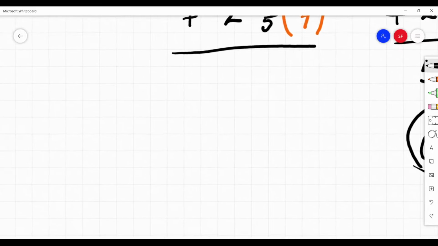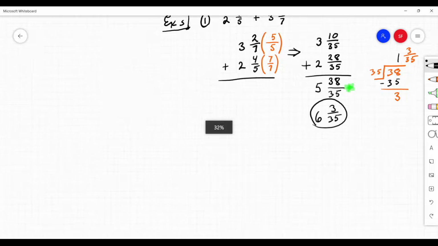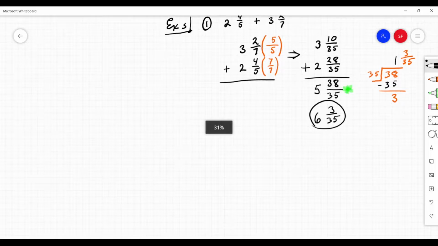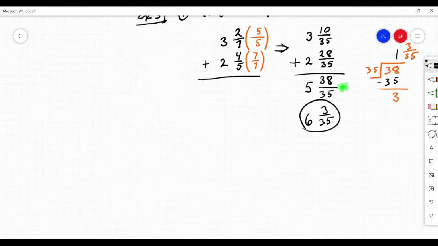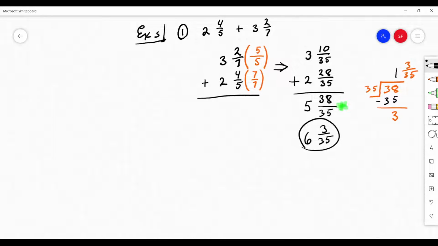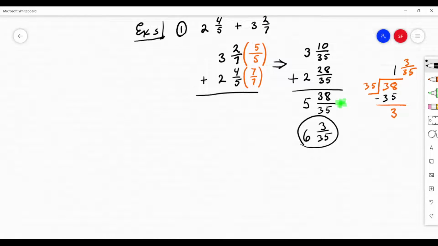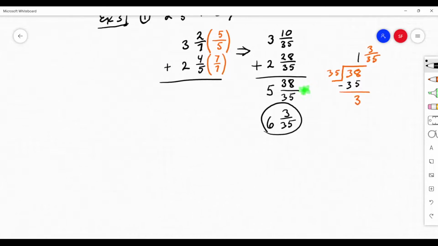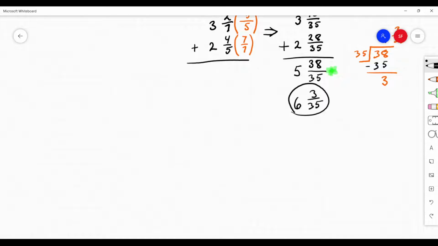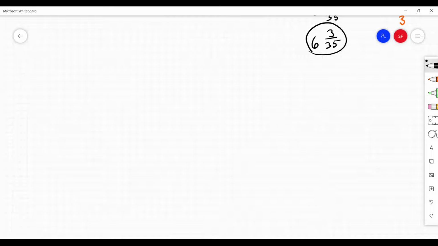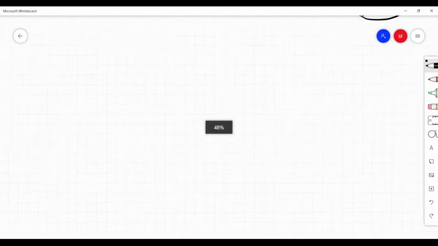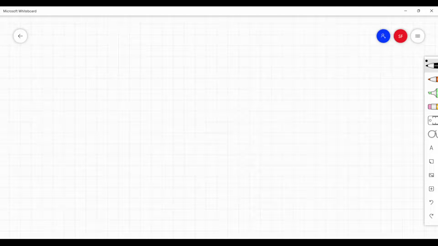Okay, let's do another. Actually, what we're going to do, because time is short, I'm going to give you a little bit of homework. Which means there won't be any subtraction on this homework set, only addition, because that's all we did. All right, homework.